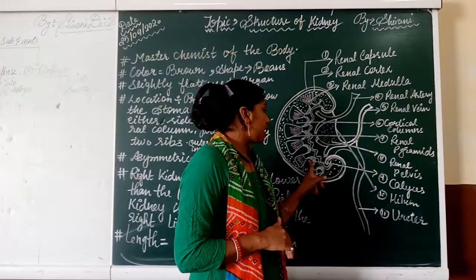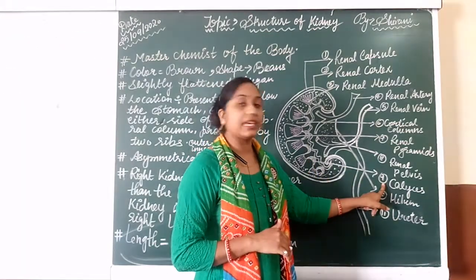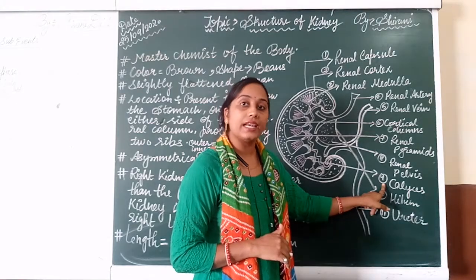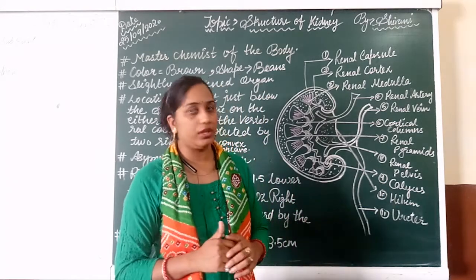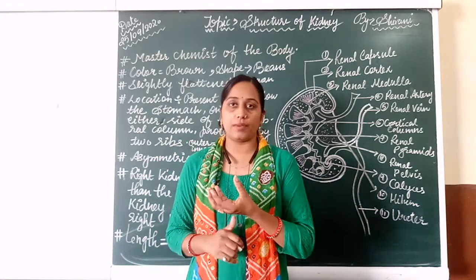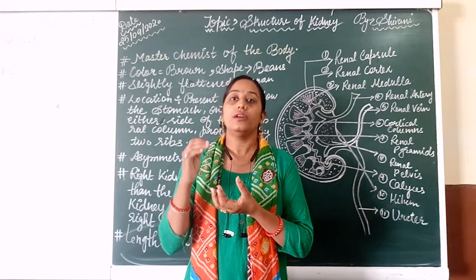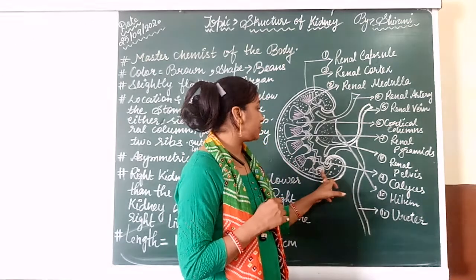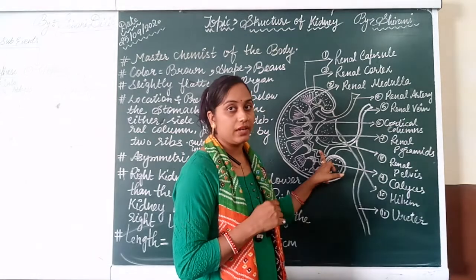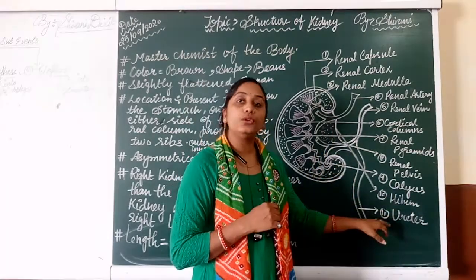The ninth part is the cup-shaped structure known as the calyces. These calyces are concerned with the collection of urine. The waste material or droplets of urine are collected in these calyces. From these calyces it moves towards the renal pelvis.